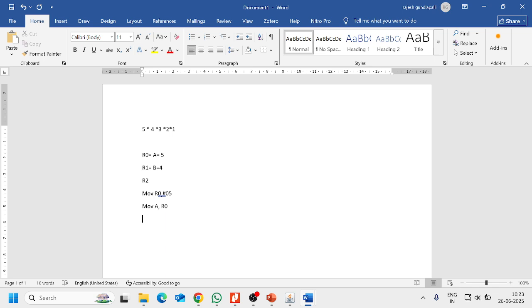With this the assignment is done, then decrement R0. Then move the value to B register. Now this is done. So now A is having 5 and B is having 4.